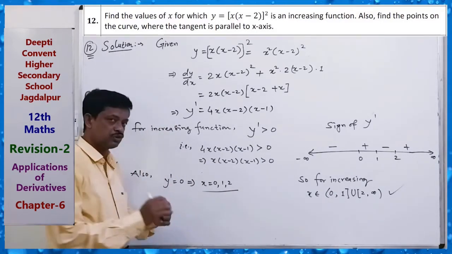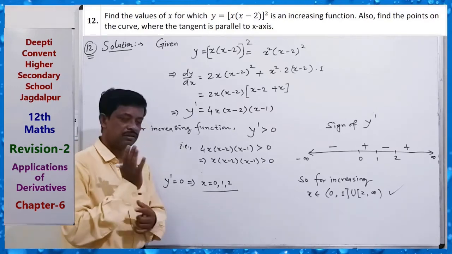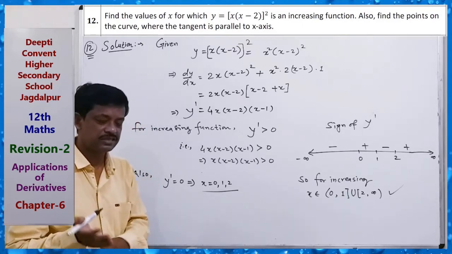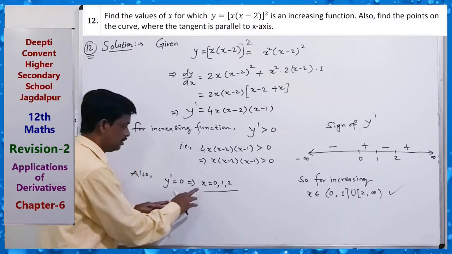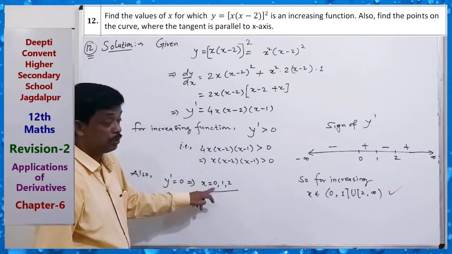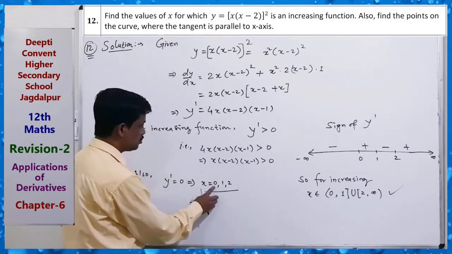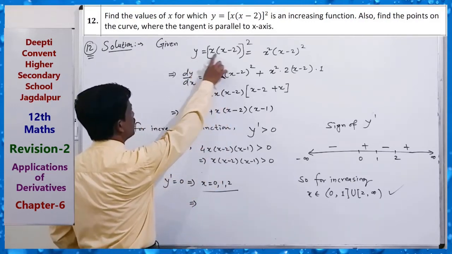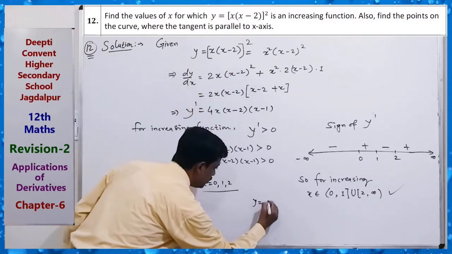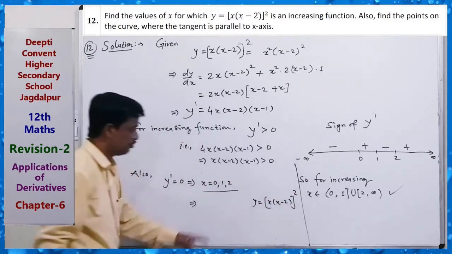Derivative equal to 0 shows that the slope of the tangent is 0, and the slope of a line parallel to the x-axis is also 0. So, these are the points. X equal to 0. From this x, we will find the points on the curve. The given function is y equals x(x minus 2) squared.